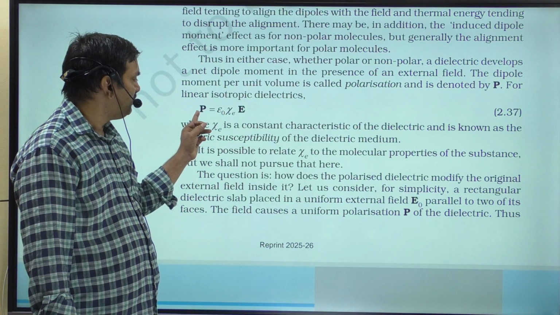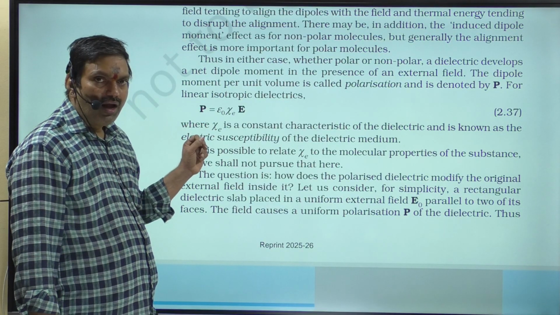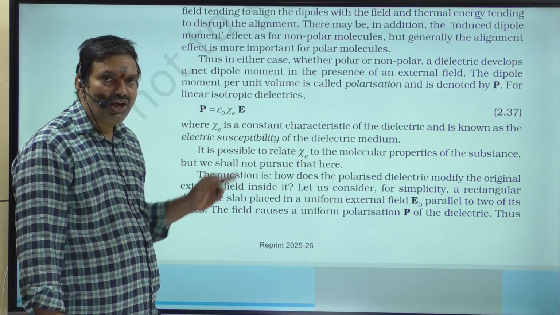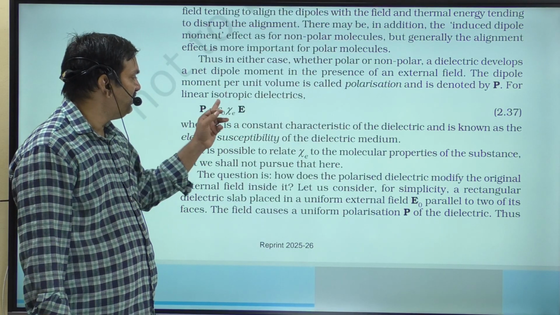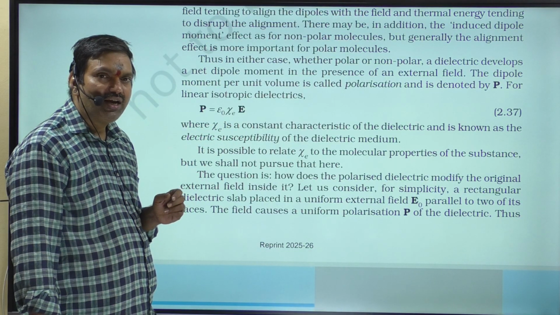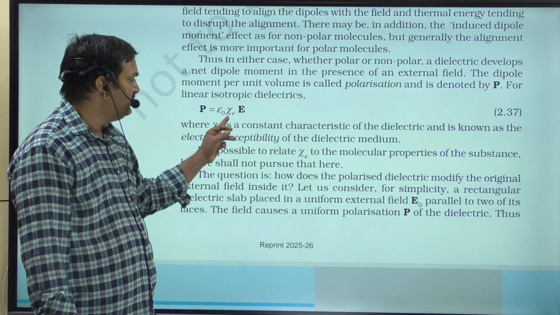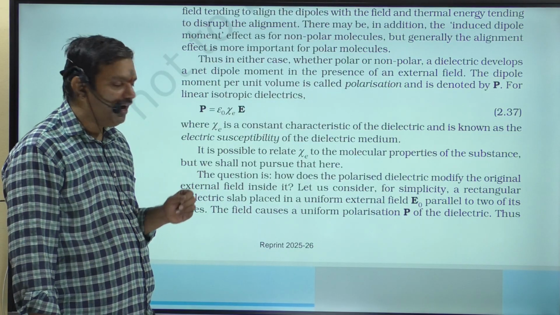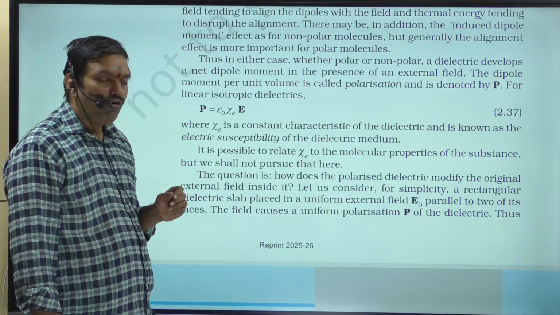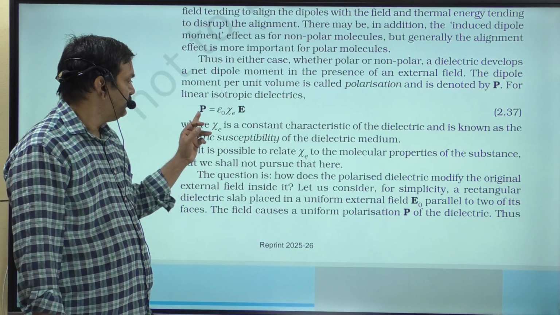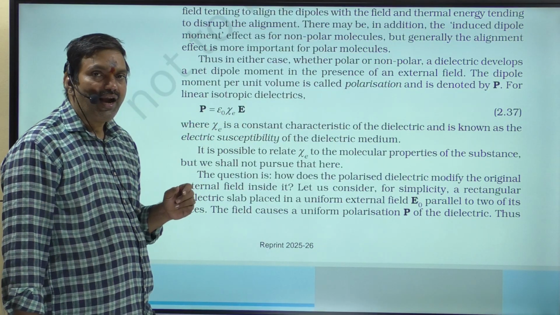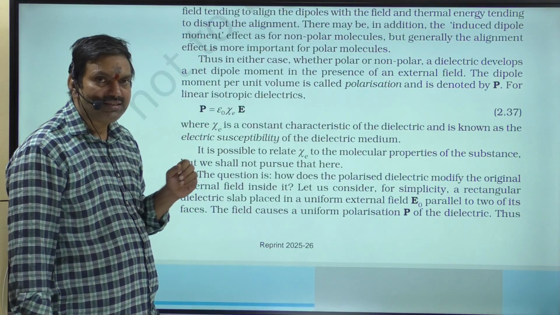So we are going to get a relation for this net dipole moment as a function of electric field, but with a characteristic constant of the medium, not only epsilon naught, the permittivity of the medium, but one more characteristic of the medium called Xi. Therefore, it is called susceptibility. So this net dipole moment is related to electric field by two characteristics: one is permittivity, as well as susceptibility.